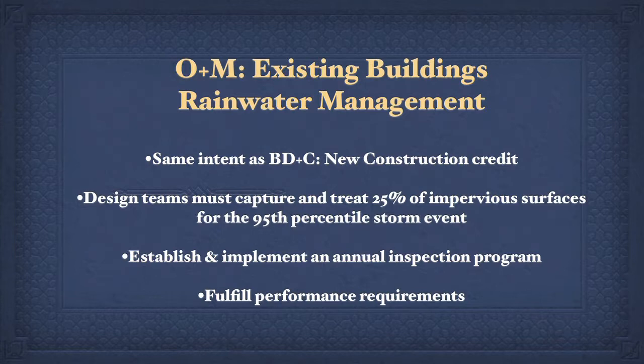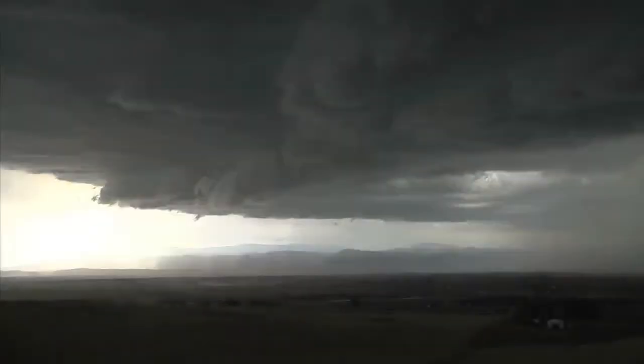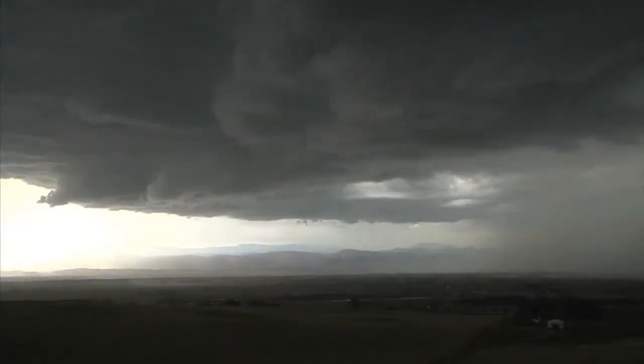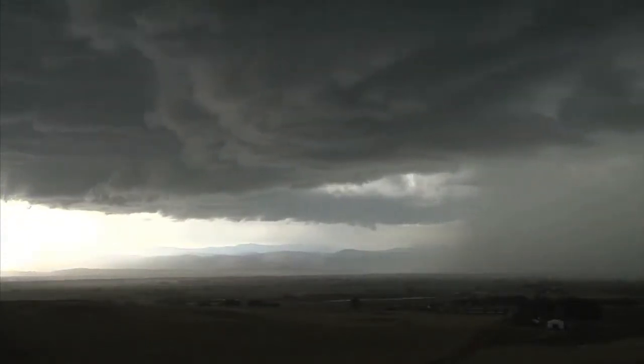Perform necessary maintenance, repairs, or stabilization within 60 days of inspection. Low-impact development and green infrastructure measures must be in place by the end of the performance period to satisfy the credit requirements. Rainwater management is crucial for designers to implement for a building project.